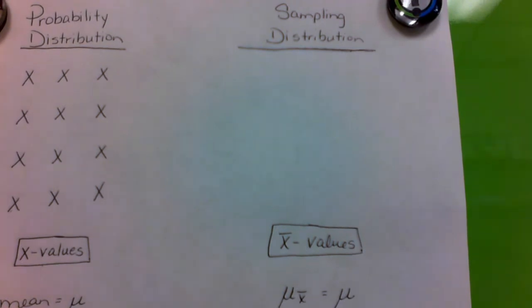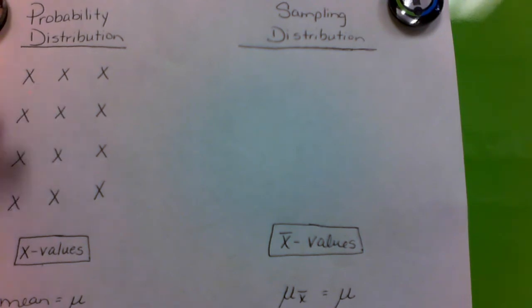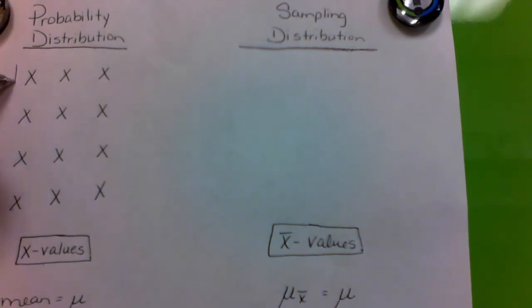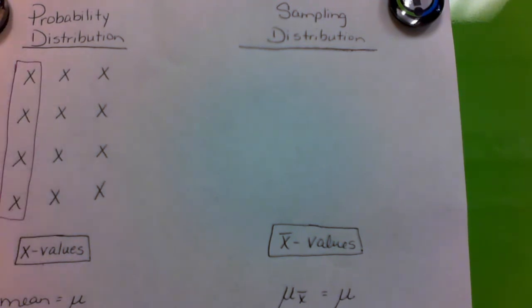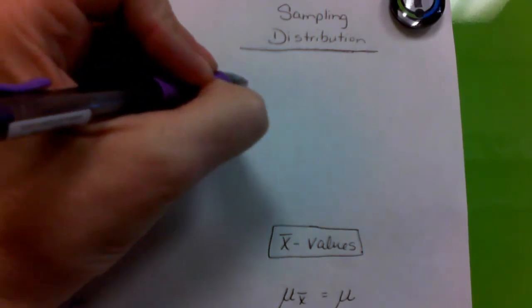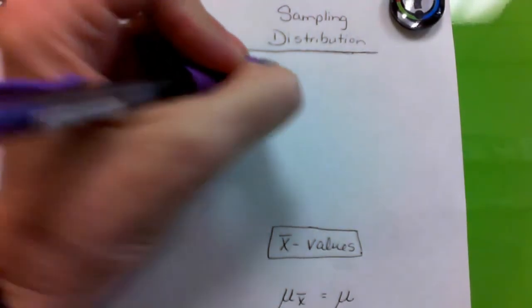Sampling distribution means a distribution of values that originated from a sample. So let's say that we take our population in the probability distribution and we are going to group them in values of 4 and find their mean. So let's say I took these 4 values, which would be a sample of this population, added them all up and divided by 4, that would yield a value that we would call x bar.